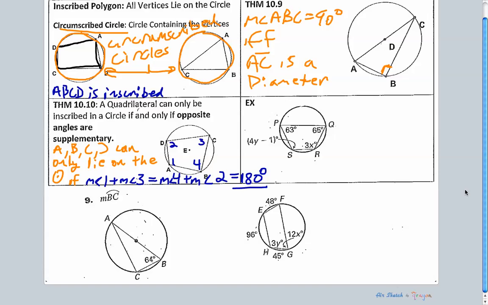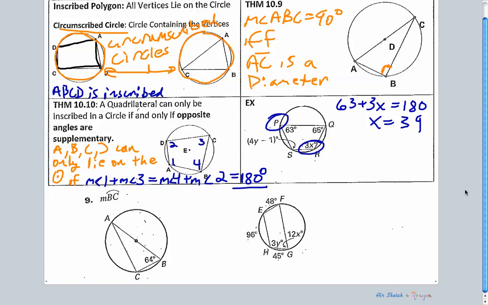So in my example over here, I know that P plus R must be 180. They're opposite angles. They must add up to 180. So 63 plus 3x equals 180. You'll get down to x equals 39.